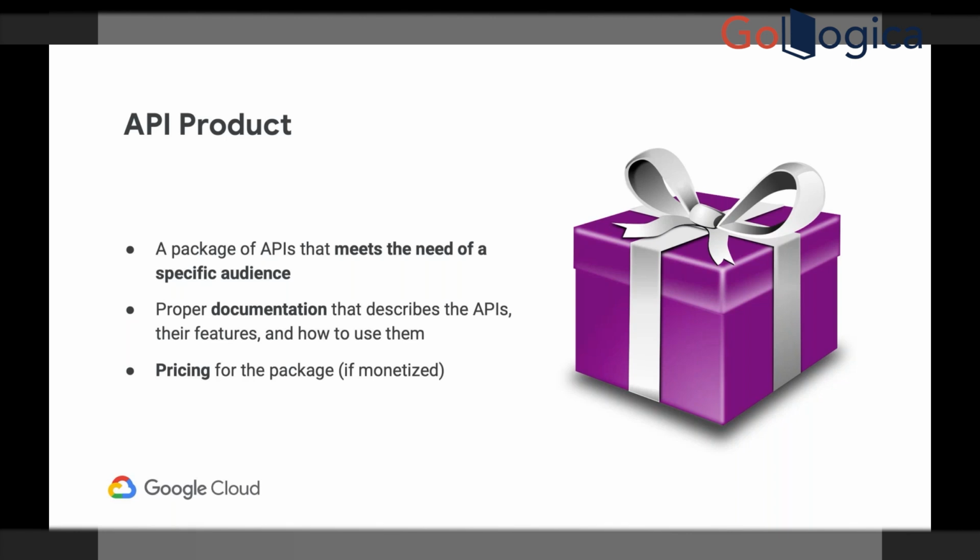But in the case of APIs, we don't always monetize. Only in some specific scenarios do we monetize. Many times we provide APIs for free, so we don't really charge. But in some specific cases, if there is a requirement, we charge for that, so we monetize.